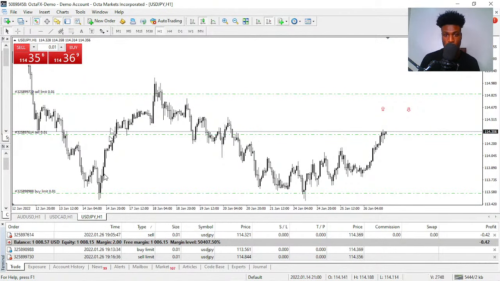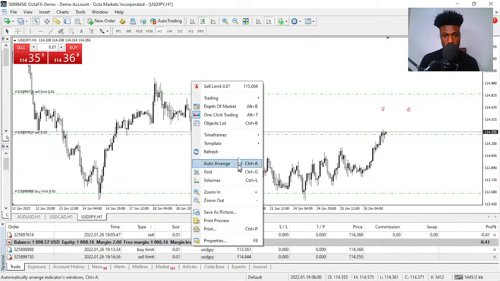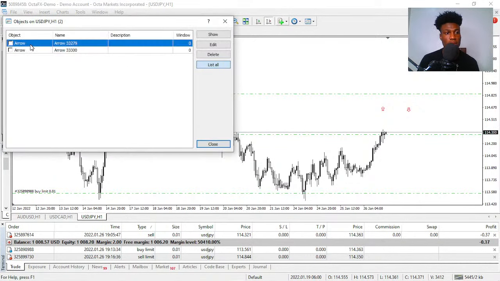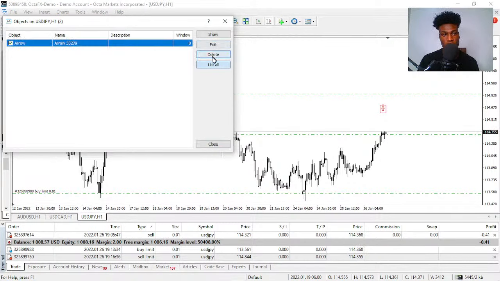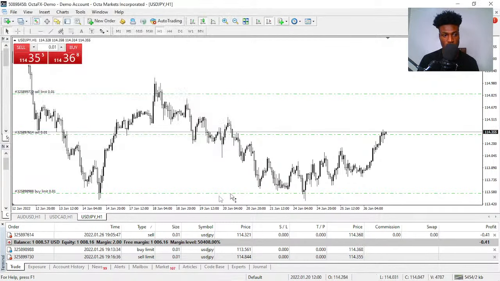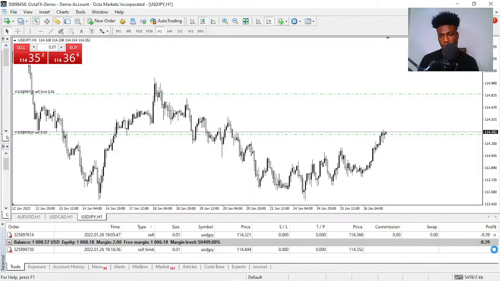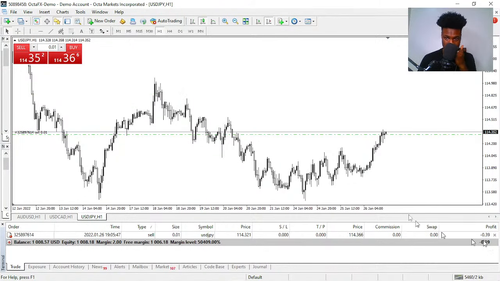For example, let me clear. So I'll just go ahead and close these limit orders because I think I've explained how limit orders work. So we're going to talk about stop orders, right?